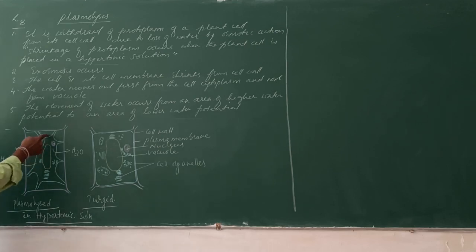Later on, all these attached regions separate from the cell wall and the protoplasm becomes round in shape. Within the cell the water becomes very less and the solute concentration increases in a plasmolyzed cell.